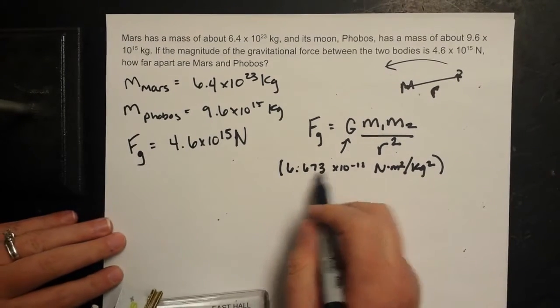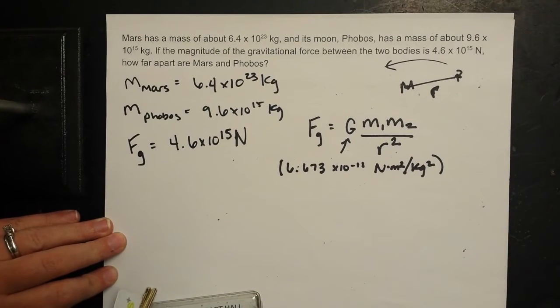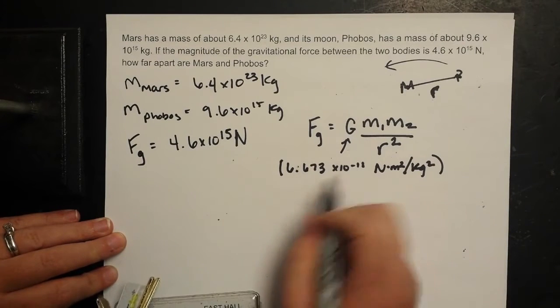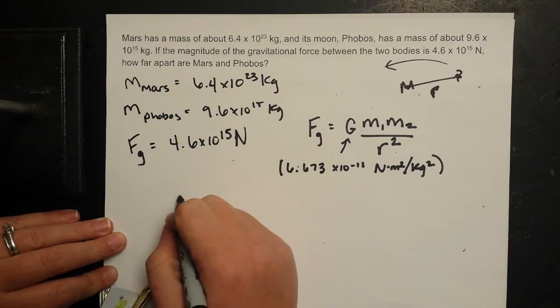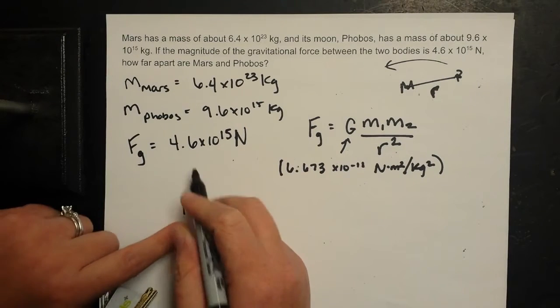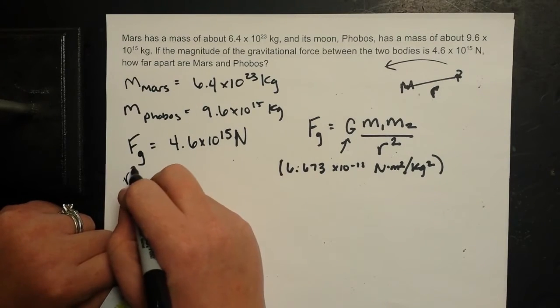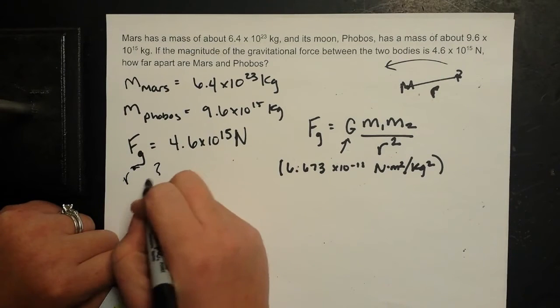All right. So again, I would give this to you all the time, so you don't have to worry about stressing out about that. Okay, let's go ahead and plug in, or actually we're looking for R. So R equals what?